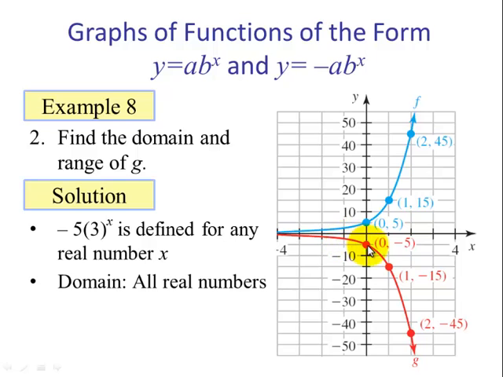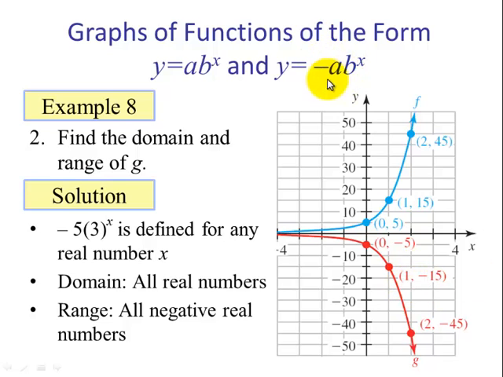Every x has a spot on this red graph, but the range is all negative y values, because this graph is only in quadrants 3 and 4. So when a is negative, it is a reflection across the x-axis, and the range will be all negative numbers. When a is positive, the graph will be in quadrants 1 and 2, and the range will be all positive y values.